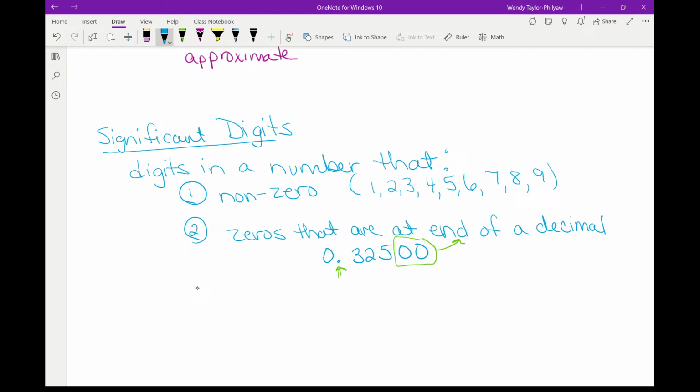And also, any zeros that are between any two non-zero digits.